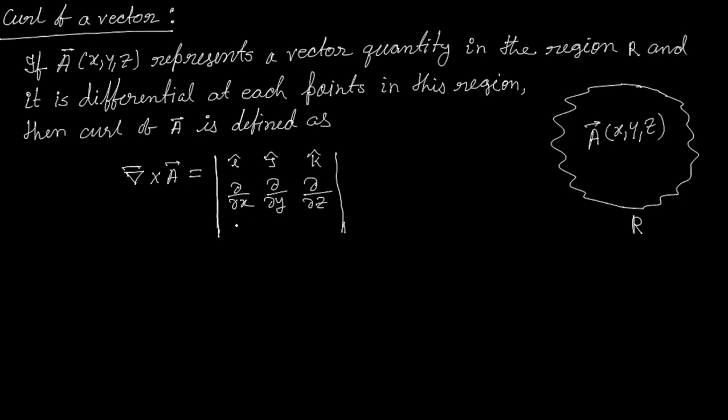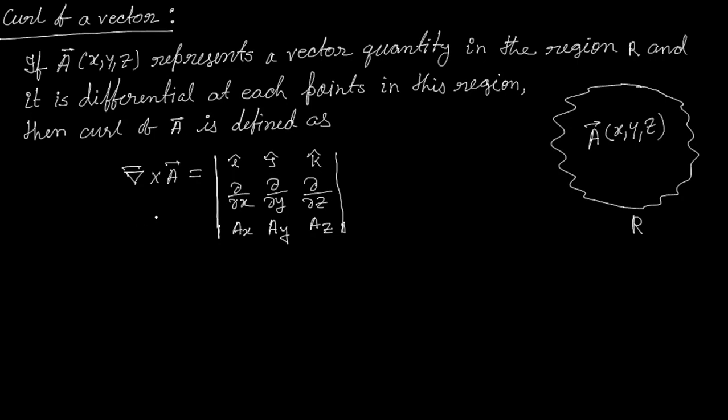And then in the third row, write the x component of the vector, the y component of this vector, and then the z component of this vector. If we solve this determinant, then we'll get the value of curl of this vector A. Okay, so this is the definition of curl of any vector in the rectangular coordinate system.